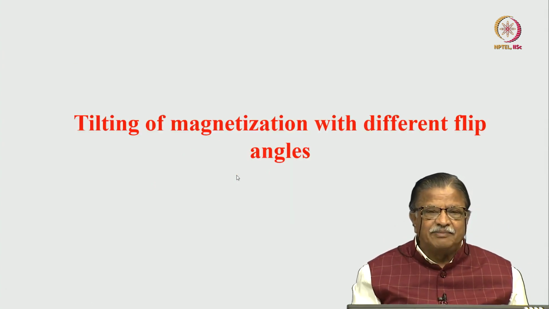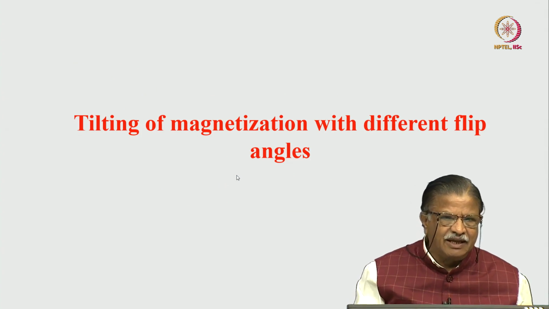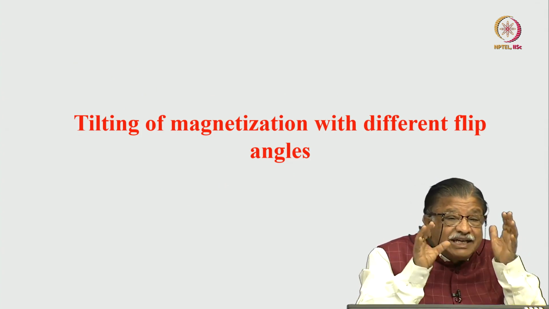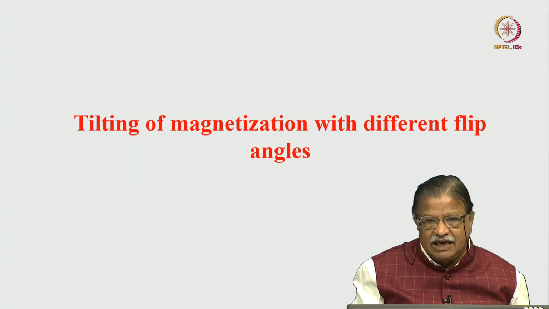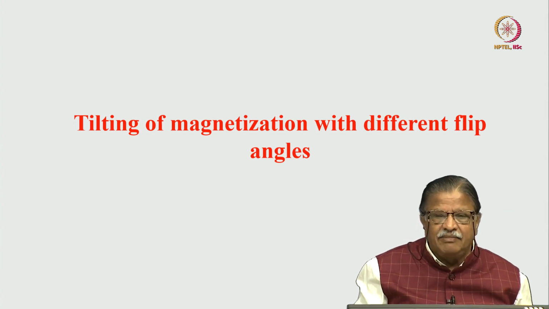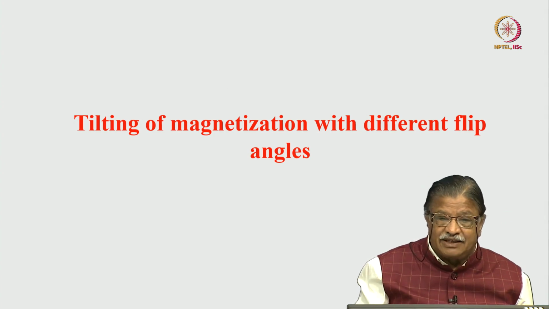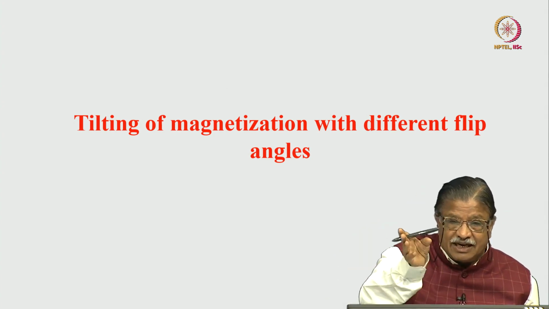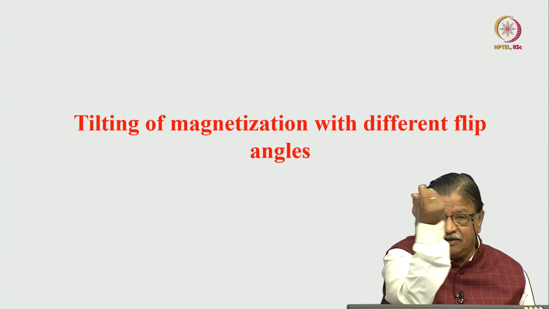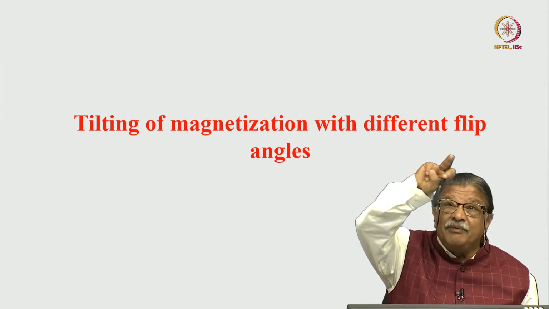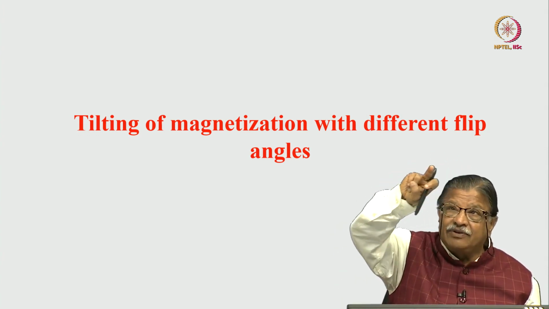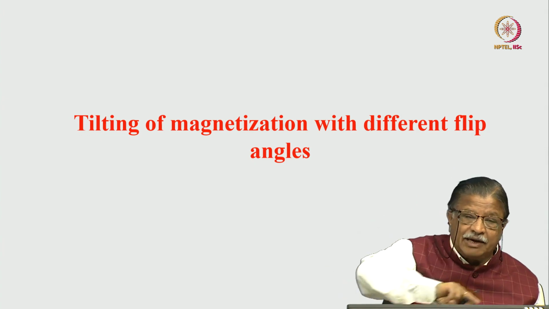And the tilting of this bulk magnetization you can do with different flip angles. That is what I said last time. In the previous class I said we can tilt the magnetization from the z axis to the x axis to the y axis, minus x axis, and again take it back to the z axis. I can make the magnetization come from the z axis slowly like this and take it back to the z axis.